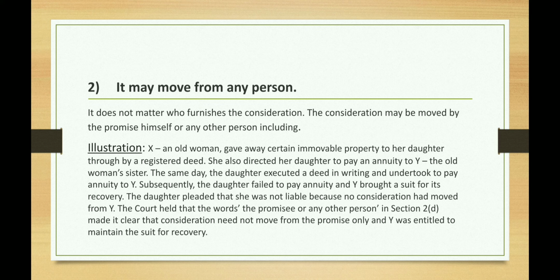The daughter pleaded that she was not liable because no consideration had moved from Y. The court held that the words 'the promisee or any other person' in Section 2(d) made it clear that consideration need not move from the promisee only, and Y was entitled to maintain the suit for recovery.